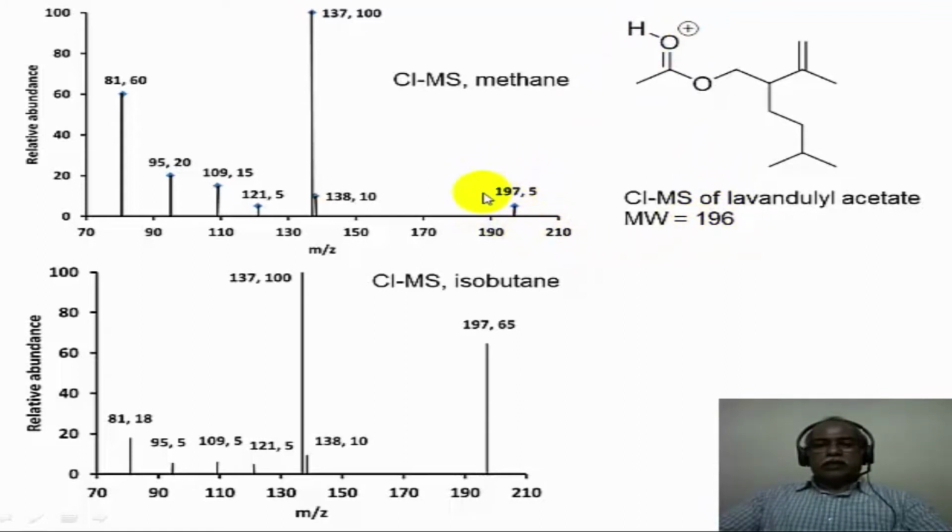So the protonated species is what is registered in the chemical ionization mass spectrum with methane as a reagent gas. When isobutane is used, for example, the protonated species is much more abundant than with methane as the reagent gas, and the chemical ionization mass spectrum using isobutane as a reagent gas essentially gives the protonated species of lavendulyl acetate.